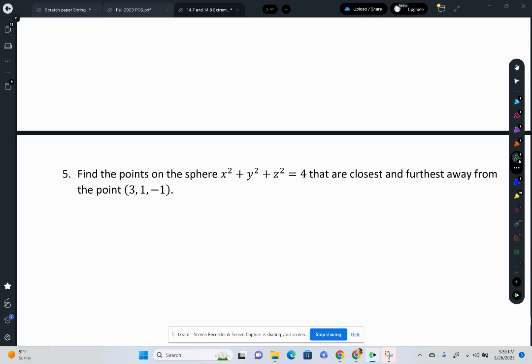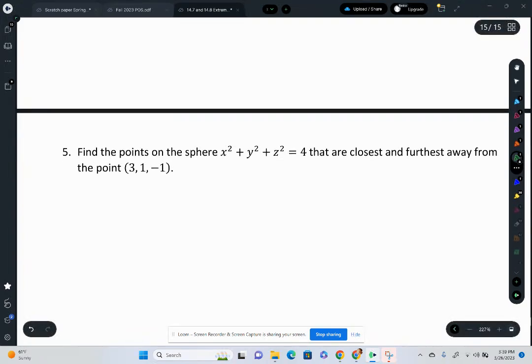In this particular case, we're supposed to find the points on the sphere x squared plus y squared plus z squared equals 4 that are both closest and furthest away from the point (3, 1, -1). So we're looking for 2 points: one that gives us the farthest distance and one that gives us the closest distance. Notice that if we were just looking at the distance from the given point to any old place in space, there would be no constraint.